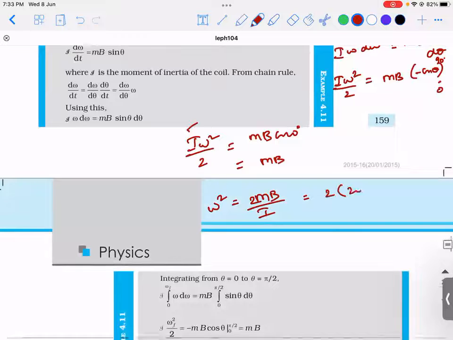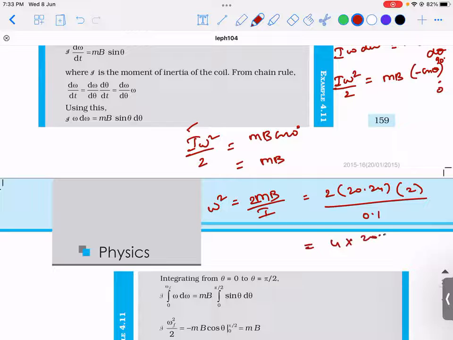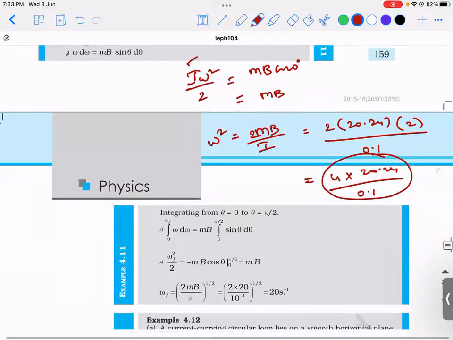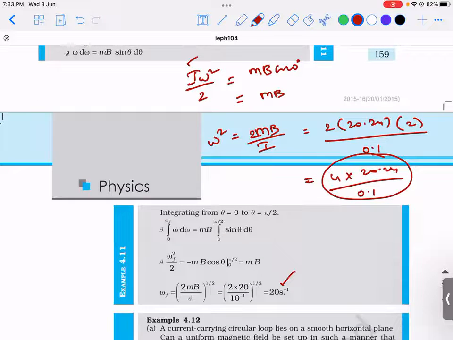So 2 into 20.24 into B over 2 divided by 0.1. So 4 into 20.24 divided by 0.1. So if you calculate it, that's omega square it will give you. But we need omega, take the square root of it, that will give you the answer. Correct? Are you able to understand?